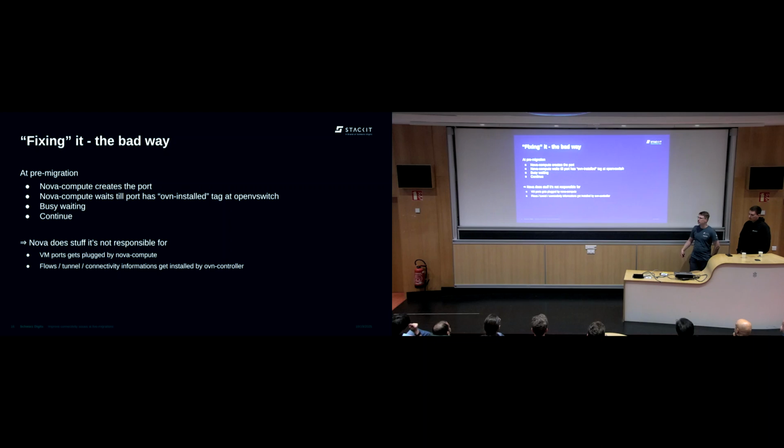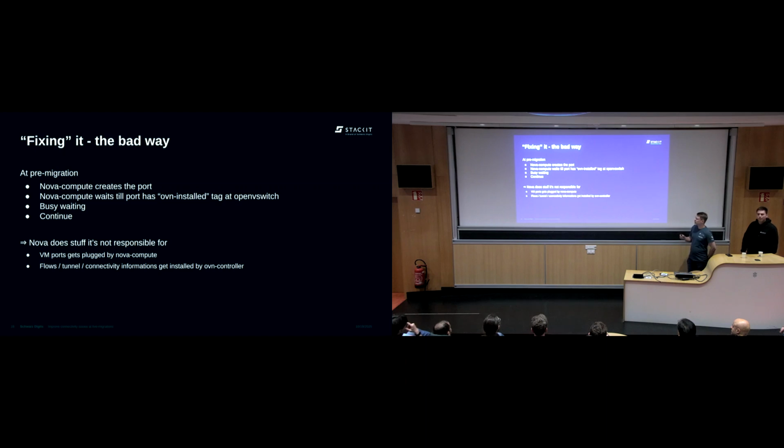We found a not so nice way to fix that, which is in the pre-migration step, first we let Nova Compute create the tap interface. Normally this is created by libvirt directly before the migration starts. But we need to have the port created before, otherwise OVN can't claim this port and then all the flows are not introduced on the source or destination host.